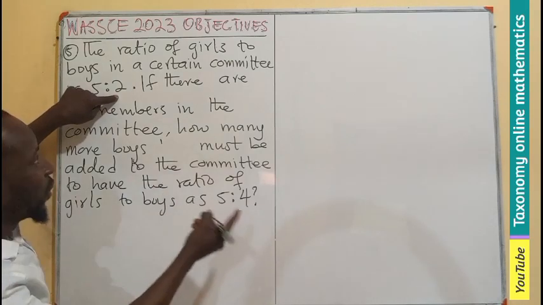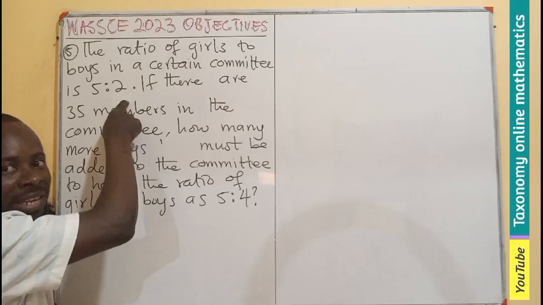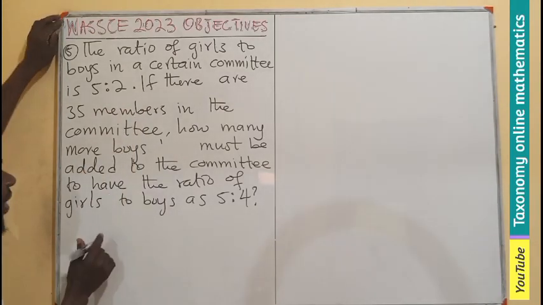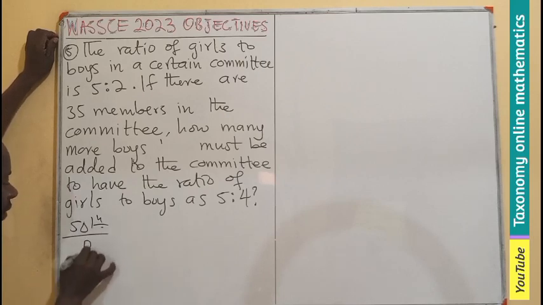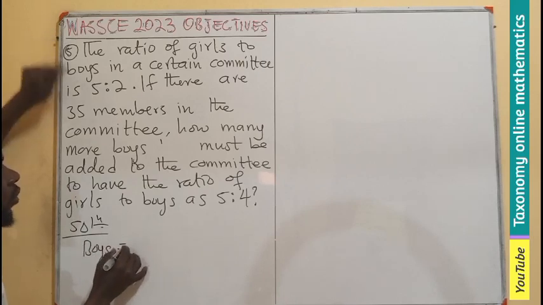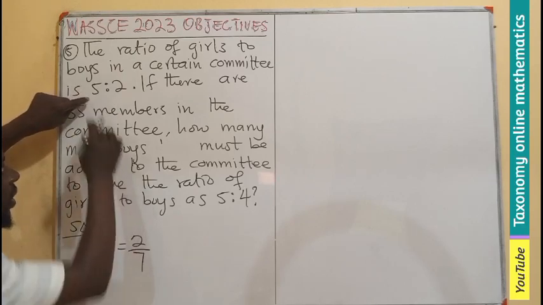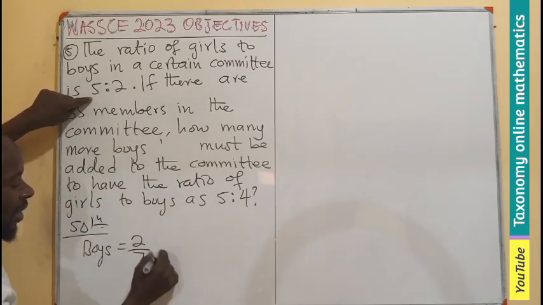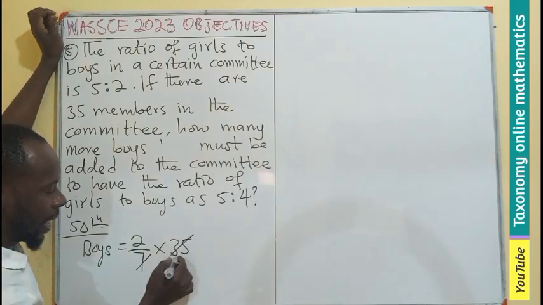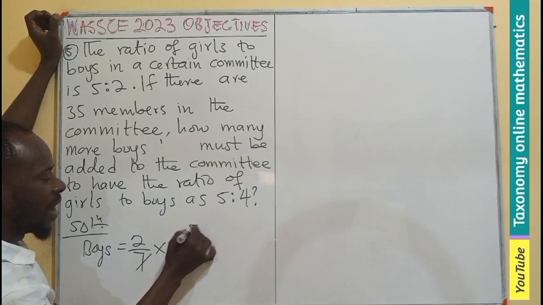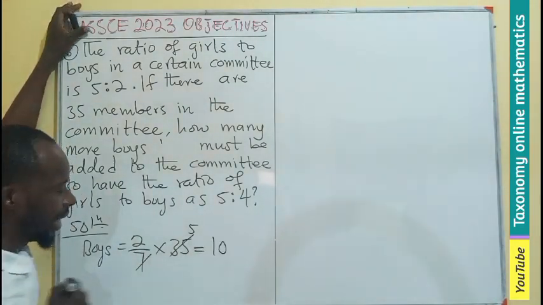So as a first step, I need to know the number of boys. The number of boys is equal to the ratio of boys divided by the total ratio, which is 2 over 7, times the number of committee members, which is 35. 2 over 7 times 35 gives us 10.